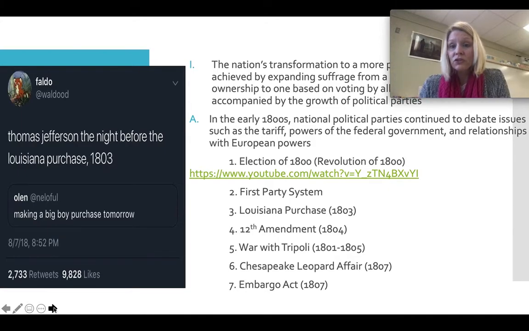Well, the election of 1800 was really kind of a bloodless transmission of power. The transfer of power did not cause violence and tension the way other revolutions might, but it really did kind of change the face of how American democracy was going.